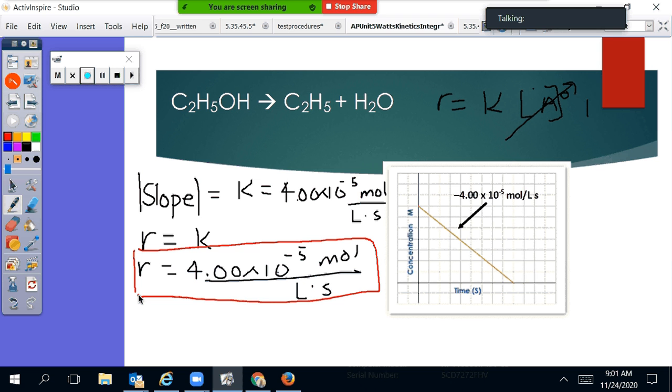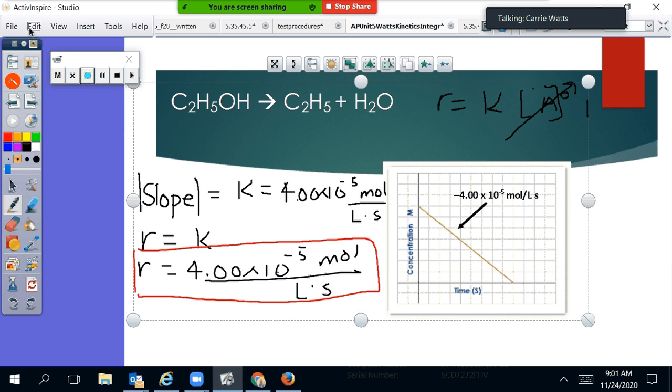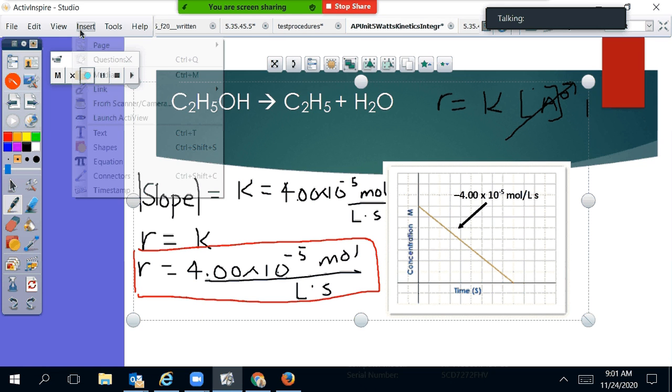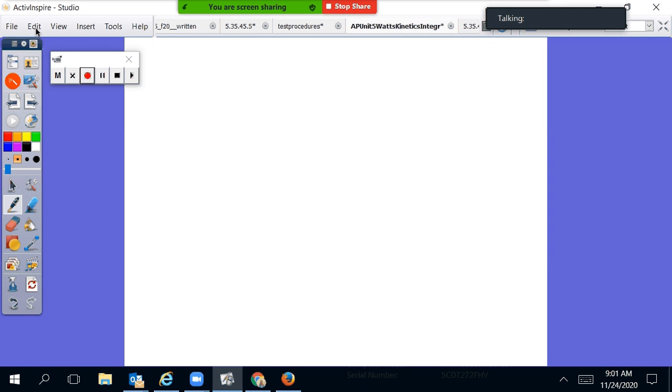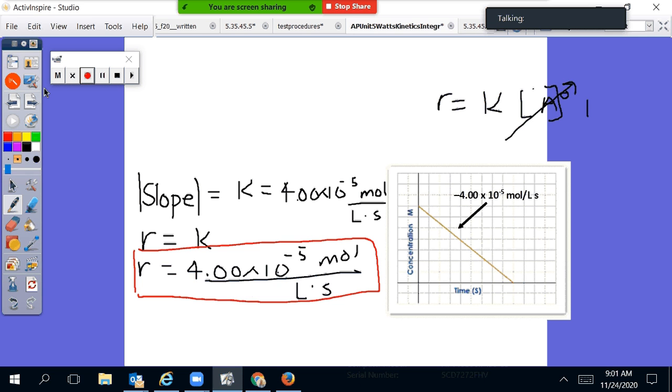Now the second thing they wanted was the integrated rate law. Let me take this again and copy it to another page. Now, our integrated rate law for a zero order reaction looks like this.